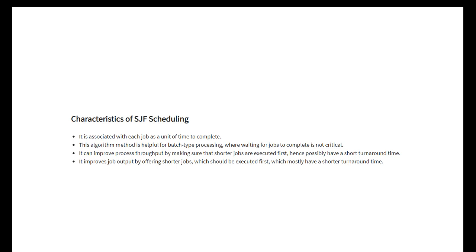In SJF scheduling, job completion time must be known earlier, but it's hard to predict. SJF can be implemented for CPU scheduling for the short term only if there is a method to predict the length of the upcoming CPU burst, but there is no specific method for that.